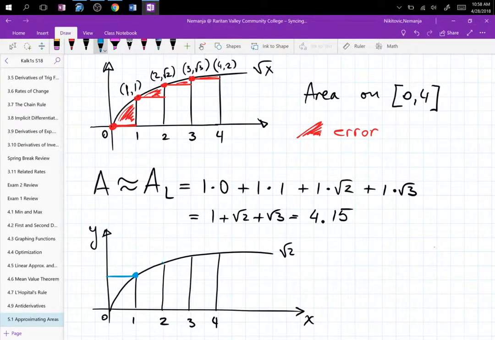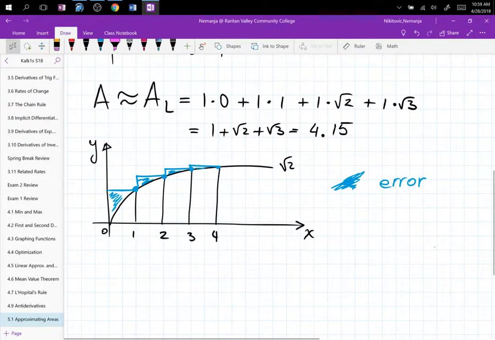So I am creating these rectangles which are actually taller than the function this time. And these rectangles now will give me area bigger than what I need. And again, all of this stuff over here is error, but now the error goes to the other side. So this now blue is error again. We are approximating.